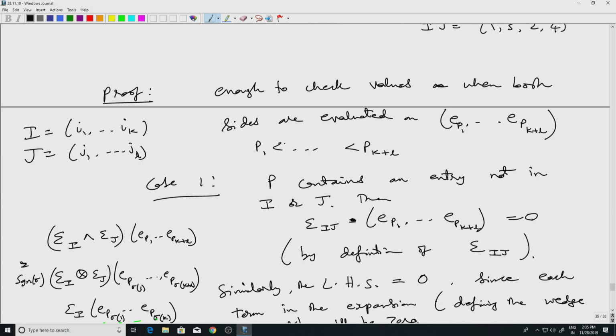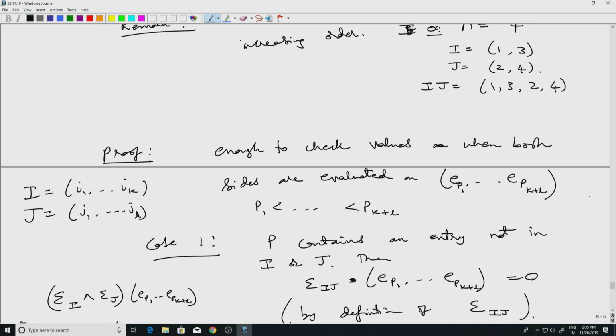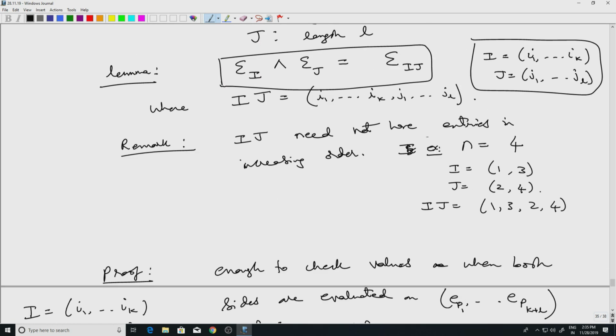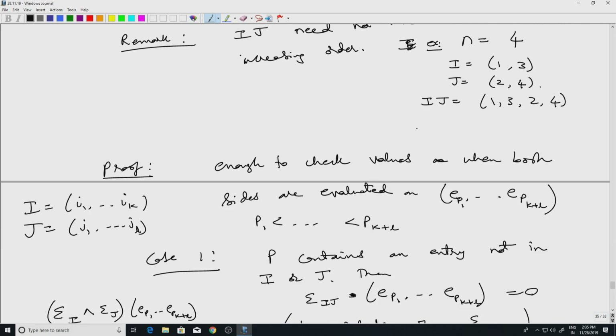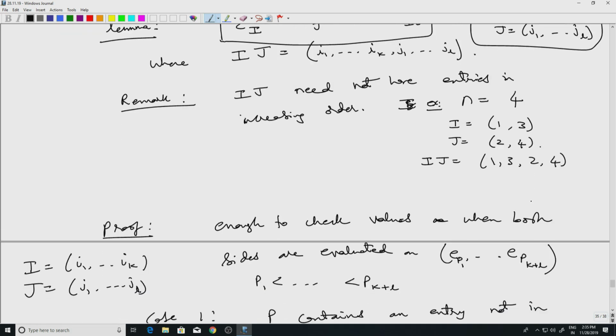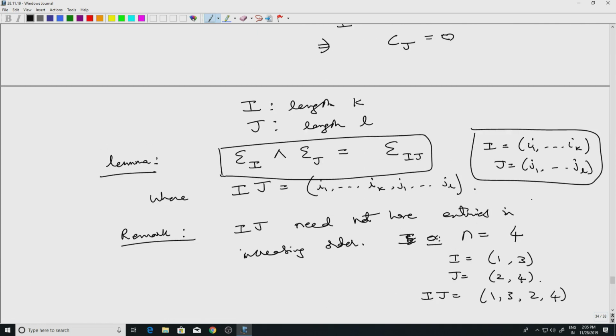And we had two cases. Since both sides are k plus l forms, we started with basis vectors e_{p1} all the way up to e_{p_{k+l}}. Of course, we already know that if the degree of the form is more than the dimension, then an alternating form has to vanish.